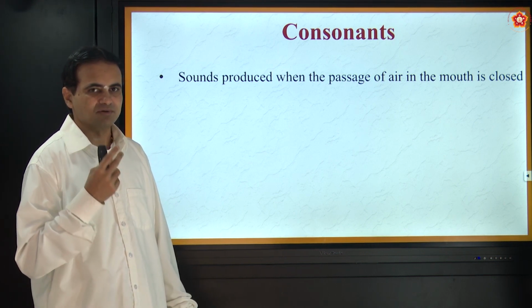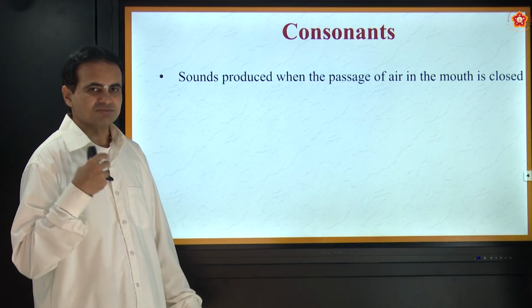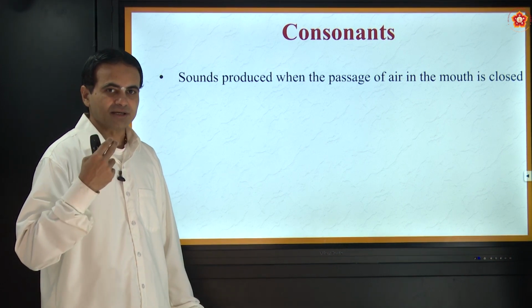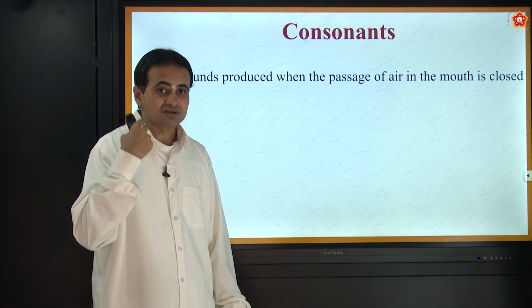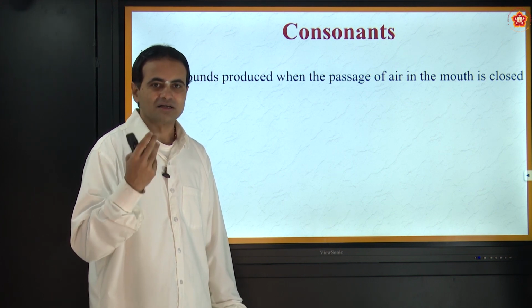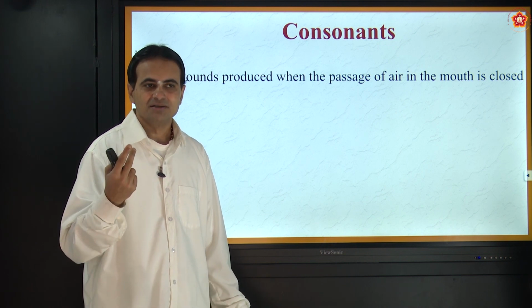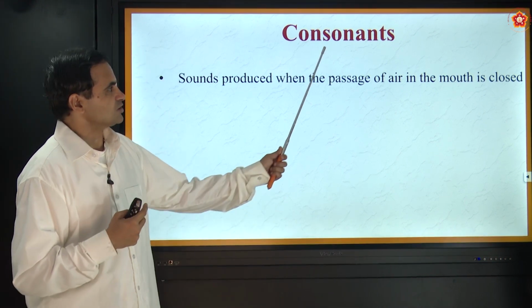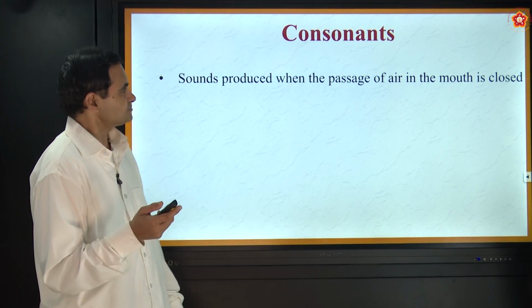For example, when the lips are closed and we utter some words, some sounds are produced, and sometimes our tongue will touch the upper palate inside the mouth, and because of that many sounds are produced, like t or d or k or p. When we close the lips, p. So these are different sounds, and they are called consonants. Let's see what they are and how to pronounce them.